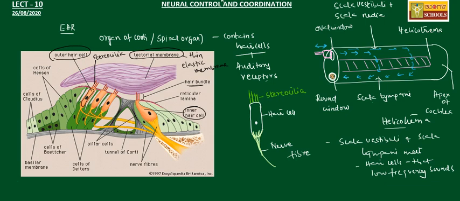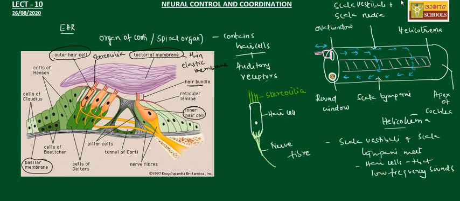So this is the arrangement on the basilar membrane. Down below the hair cells we can see the basilar membrane, and the hair cells are supported by a number of other cells. Here you can see all these nerves arising from inner hair cells as well as outer hair cells. The movement in the liquids will make the hair cells move, pressing against the tectorial membrane, which results in the generation of action potentials in the hair cells.